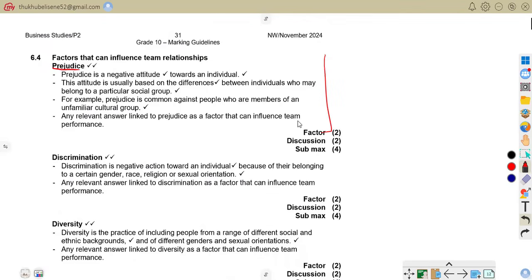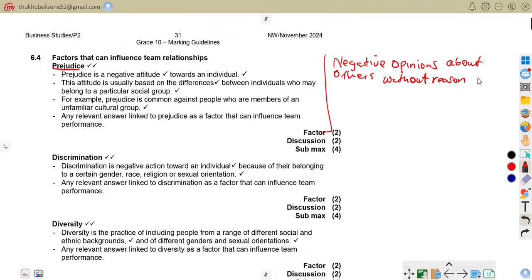So when you're talking about prejudice, you know for sure that you're talking about negative opinions about others, about others without reason.